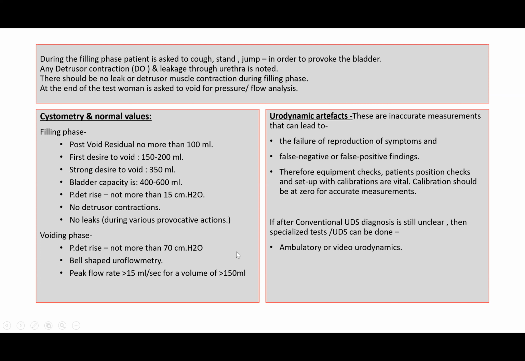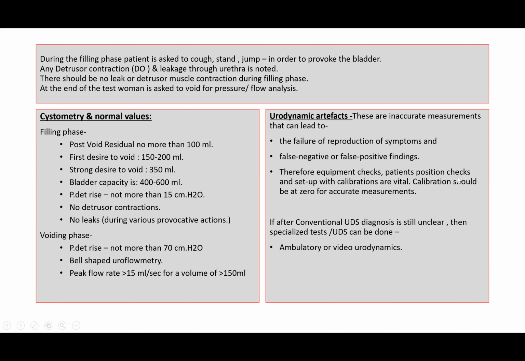And we also have to take care of the urodynamic artifacts. These are actually inaccurate measurements, and they can lead to failure of reproduction of symptoms. They can cause false negative or false positive findings. How do we prevent them? This is done by frequent equipment checks and patient's position checks.